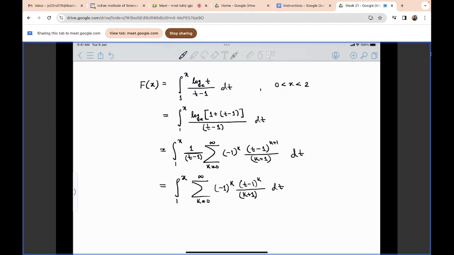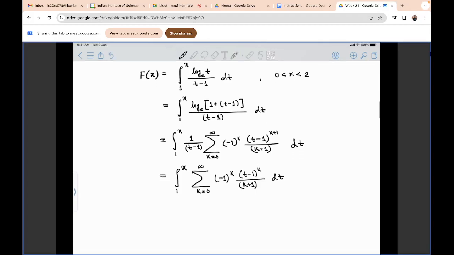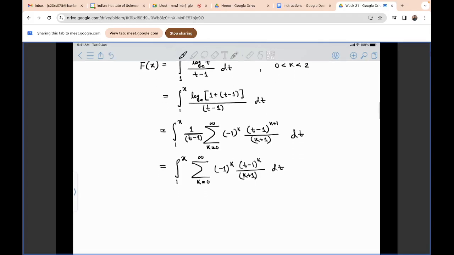Now suppose we can interchange the summation and integral. We can interchange the summation and integration if the series is uniformly convergent.